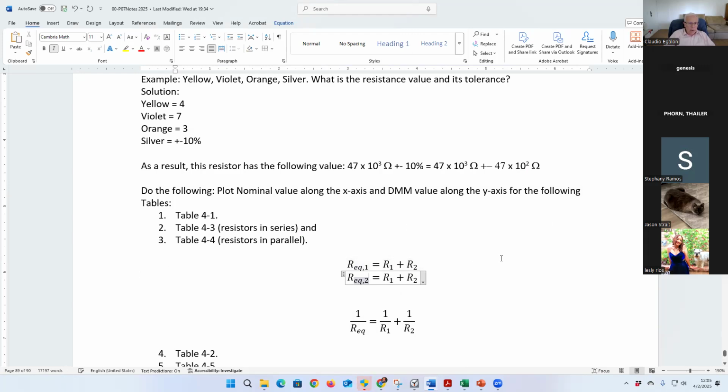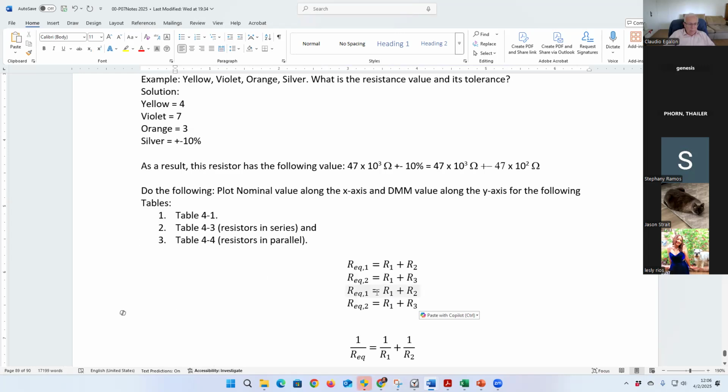R1 with R2, R1 with R3, R1 with R4, R1 with R5, and then R1 with R6.